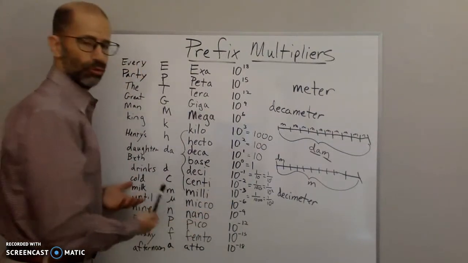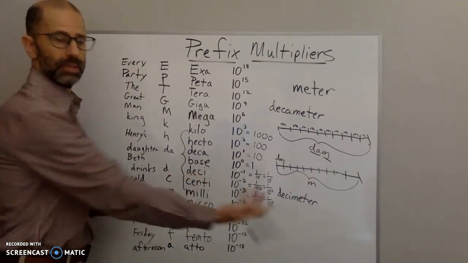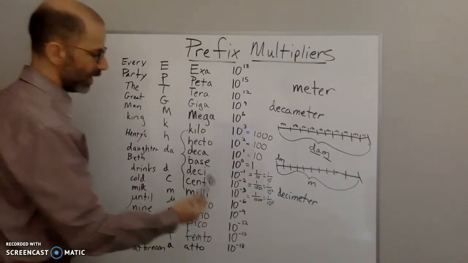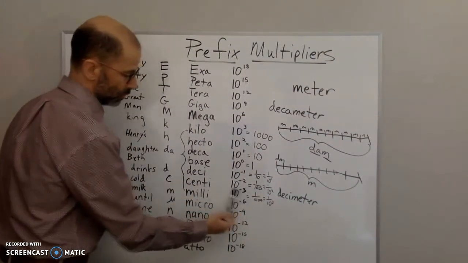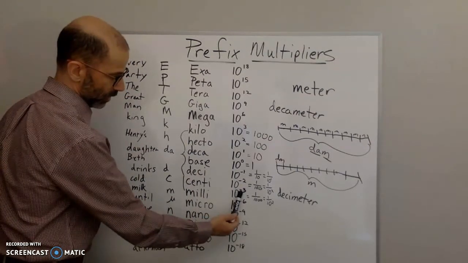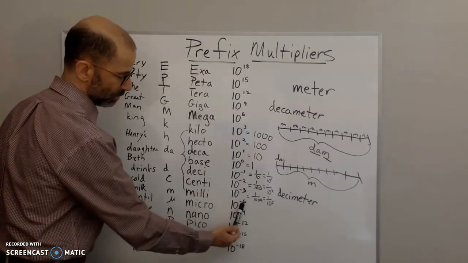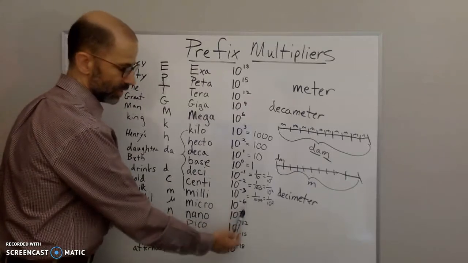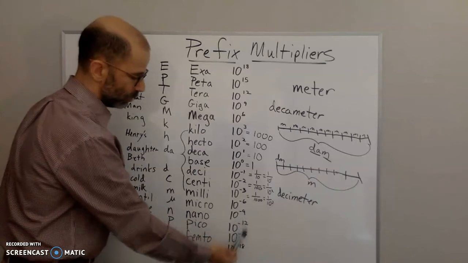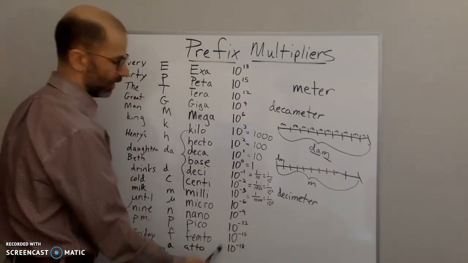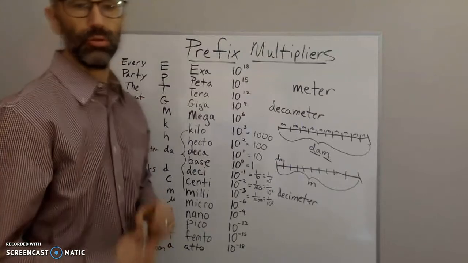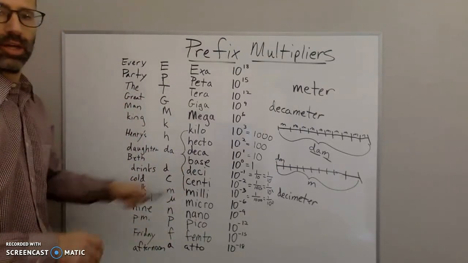For the negative, you do the same thing, but more negative. Starting from milli, negative 3 goes to negative 6, then negative 9, negative 12, negative 15, negative 18, and so on. Then you could stop there. That's an easy way to remember the order.